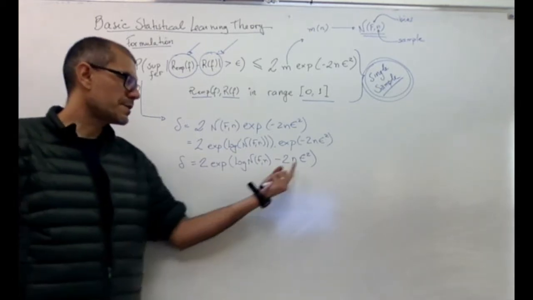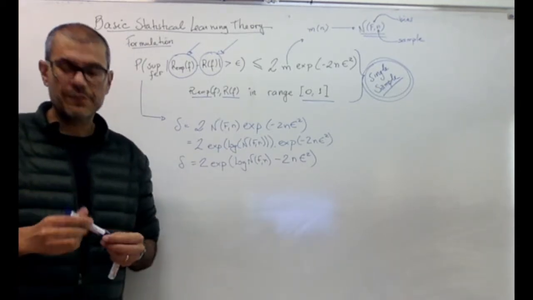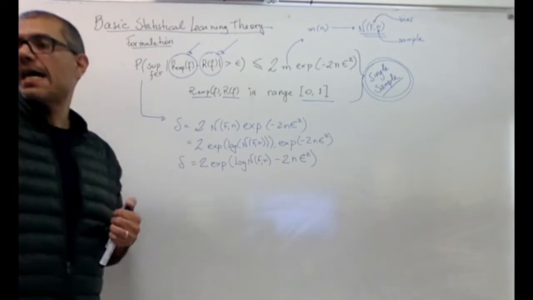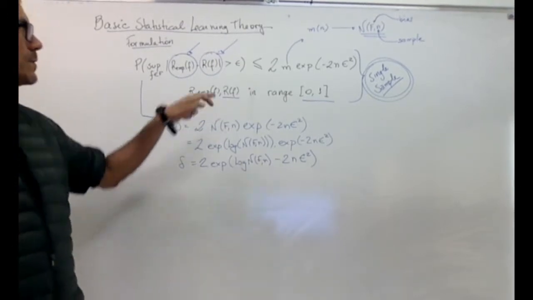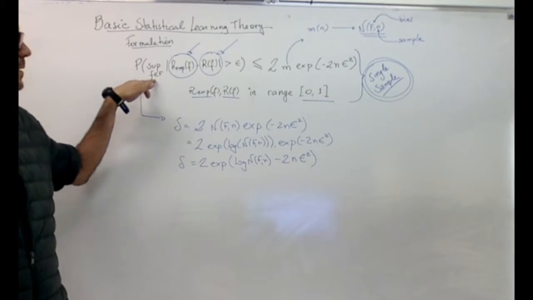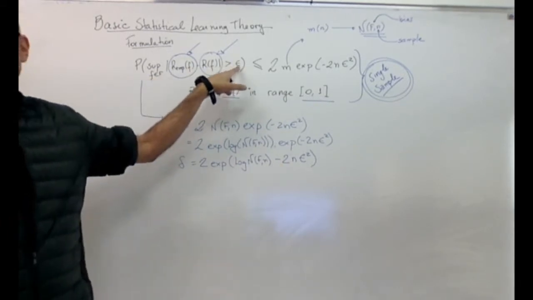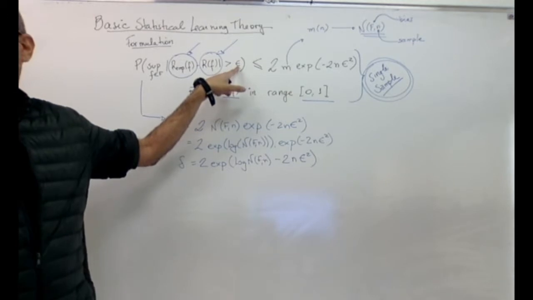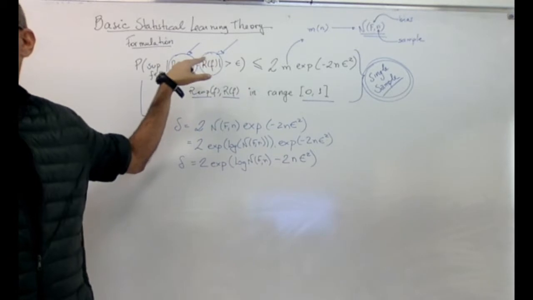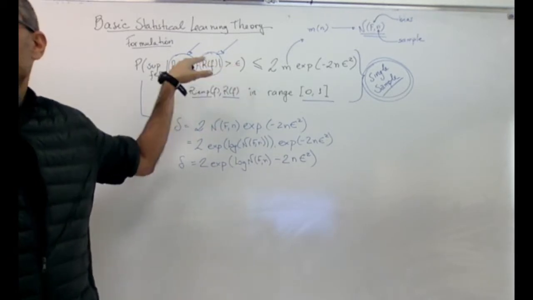I will try to isolate epsilon, and that was something Vapnik did, because after having that epsilon, I could apply it in the inner part of my probability and see how it's useful to understand the divergences between both risks.